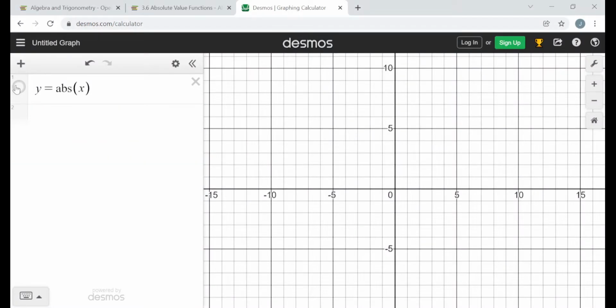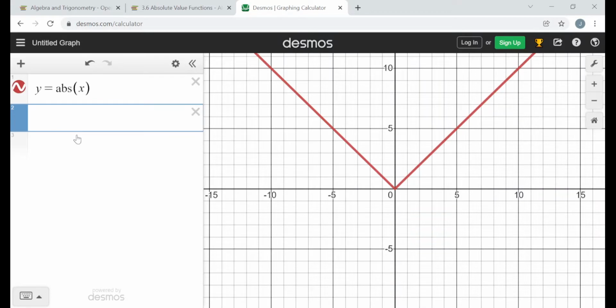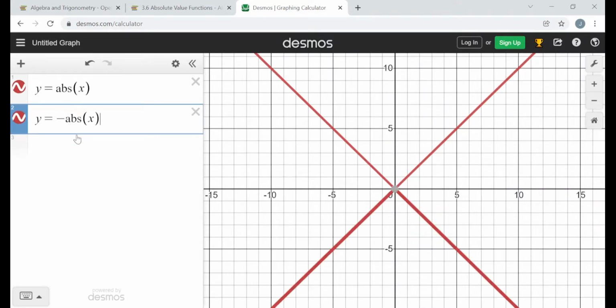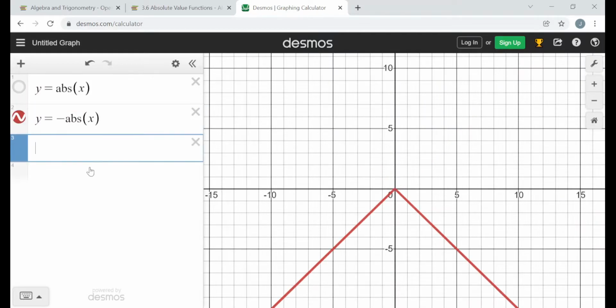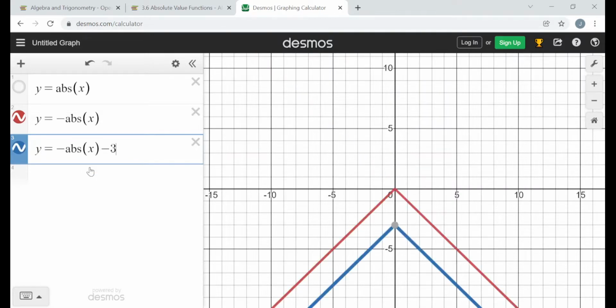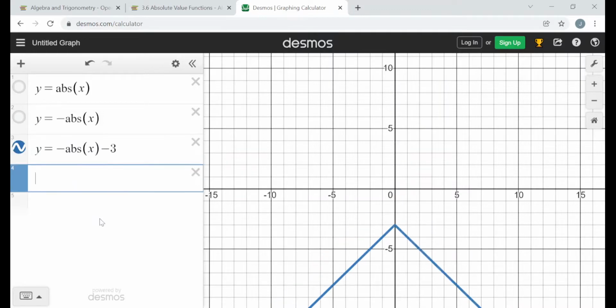So again, starting with the absolute value of x, I'm going to do the vertical reflection. Multiply by -1, reflects across the x-axis. Then the -3 moves it down 3. So keep the rule the way it is, and then -3 moves that down 3. And then replacing x with x plus 4 moves it left 4, and we get our final graph, right?